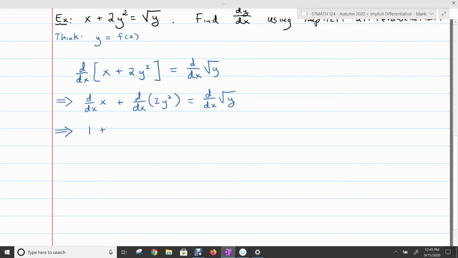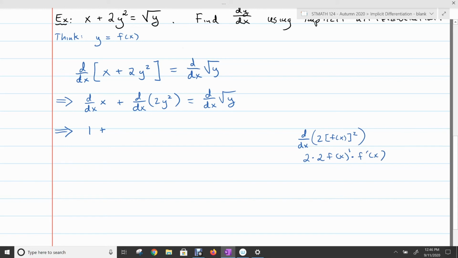And now we come to taking the derivative of something that involves y. Now off to the side here, what I'm thinking of in my mind is I'm not just differentiating the letter y, I'm differentiating 2 times some whole function squared. And if I was going to differentiate that, I'd pull the 2 out, then I'd bring the 2 down, that's the exponent, then I would do f of x, and I would lower the exponent to the first power, and then I'd have to use the chain rule and multiply times the derivative of the inside, right?